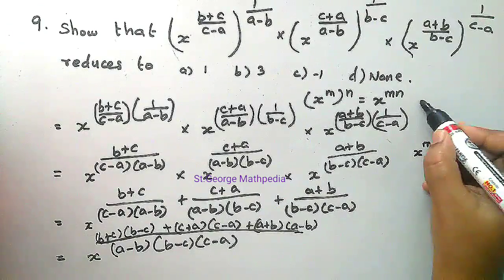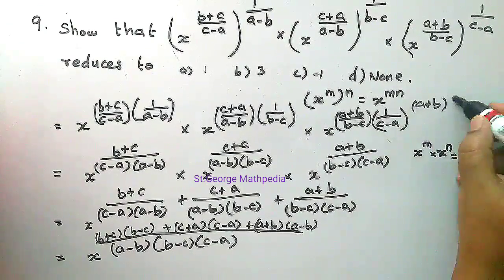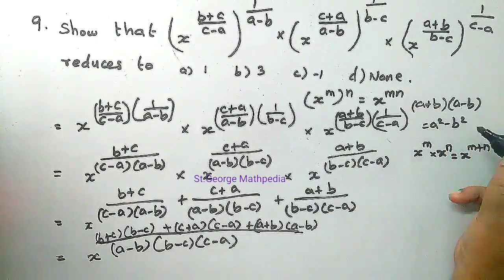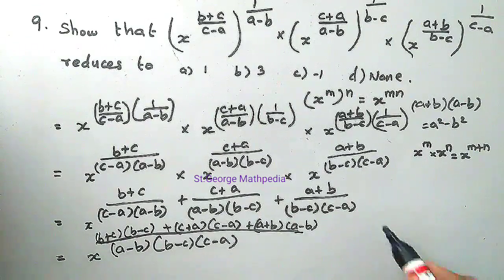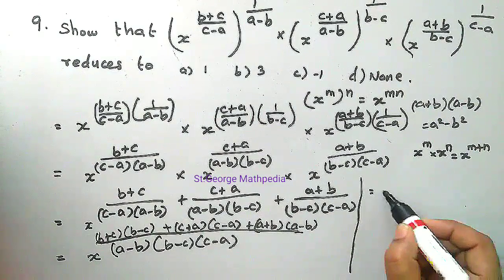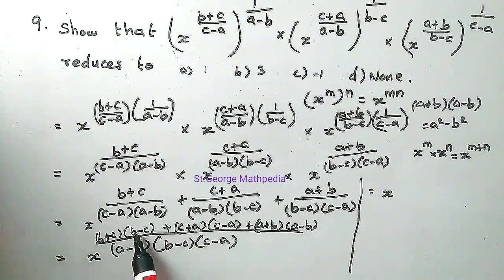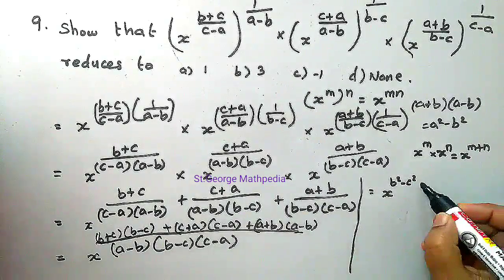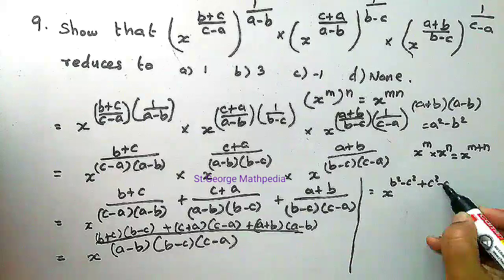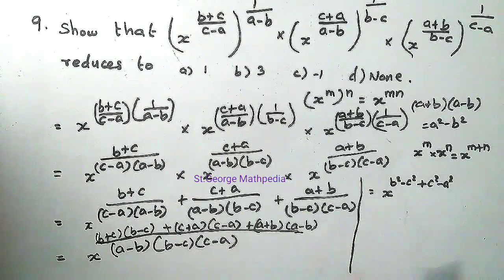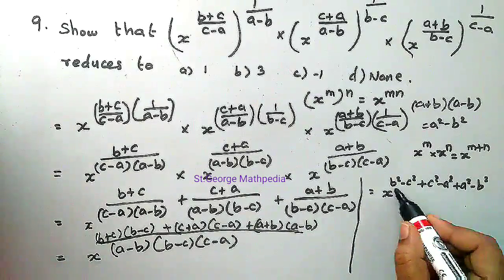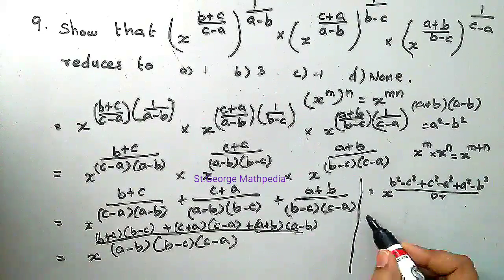Now you know that (a+b)(a-b) is a^2 - b^2. So your numerator will become x to the power (b+c)(b-c) is b^2 - c^2, (c+a)(c-a) is c^2 - a^2, and (a+b)(a-b) is a^2 - b^2, divided by the denominator.